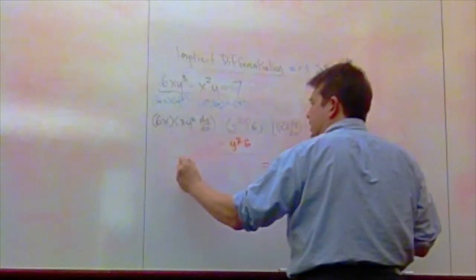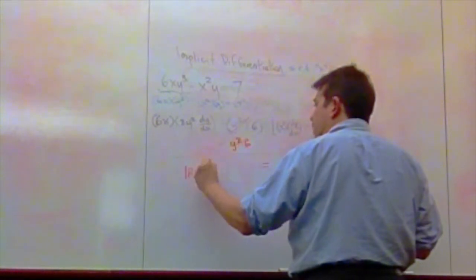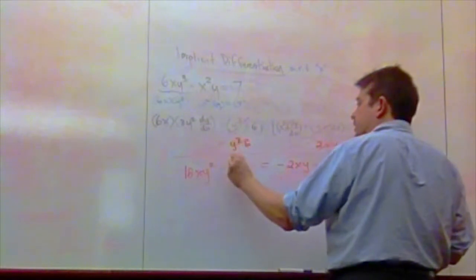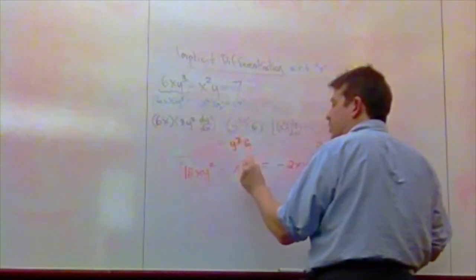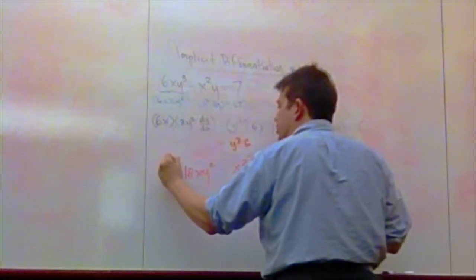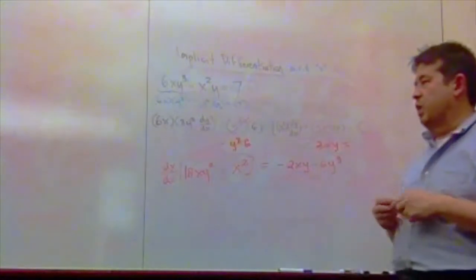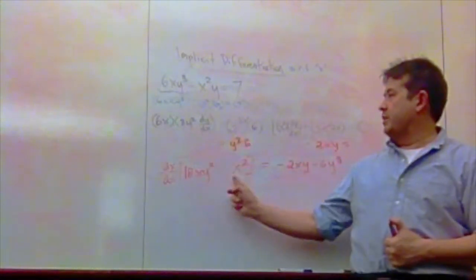I'll have 18xy squared minus x squared. While I'm doing that, I might as well left factor the differentials, excuse me, dy/dx. Notice there was a dy/dx here and dy/dx here. I just moved it to the left.